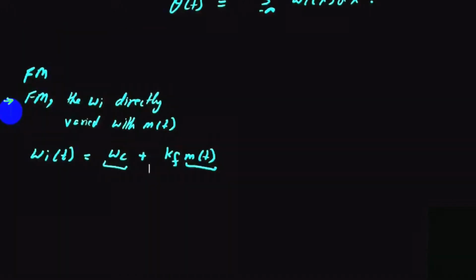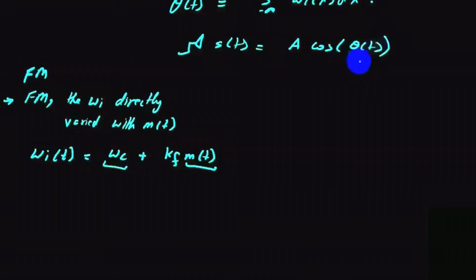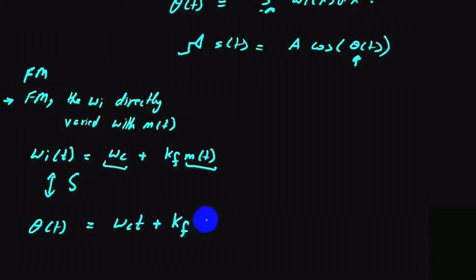Remember, we're going to send a signal s of t through the antenna, which has a constant amplitude but theta of t. So this theta of t is being varied with respect to the message signal. The relationship is, if you take the integral, you will get theta of t, which becomes omega c t plus kf times the integral from minus infinity to t of m of lambda d lambda.